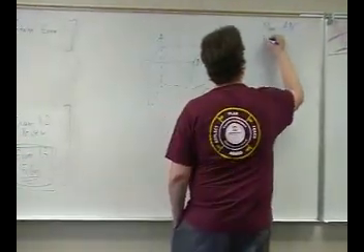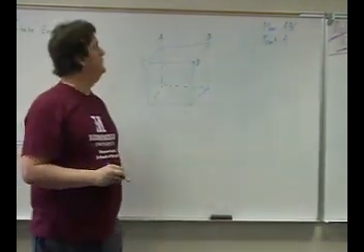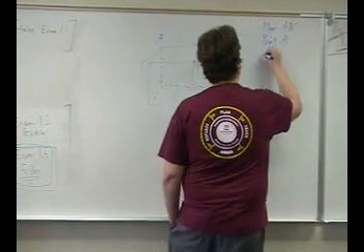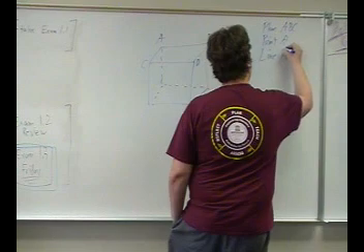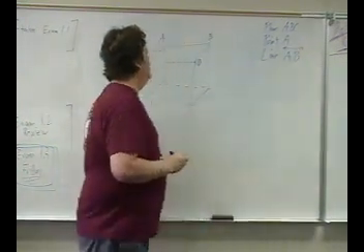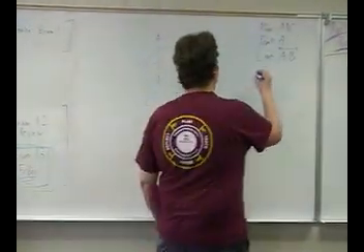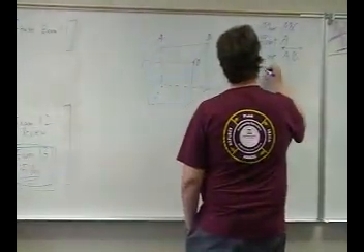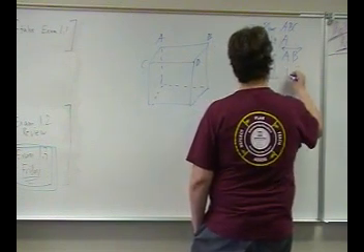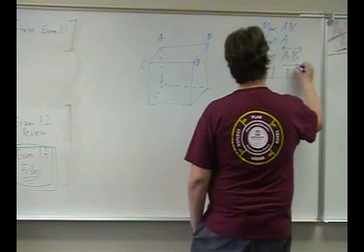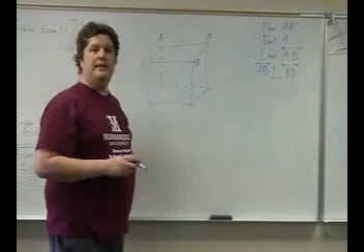I've got point A. I have got line AB. I have perpendicular intersection. AB is perpendicular to BD.